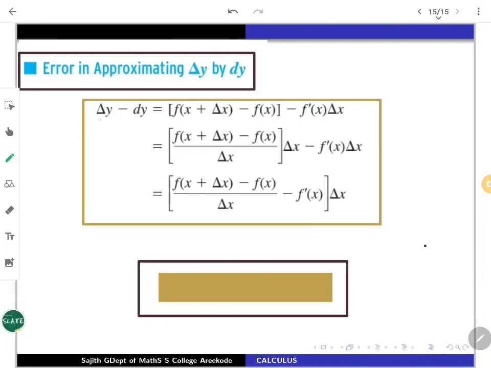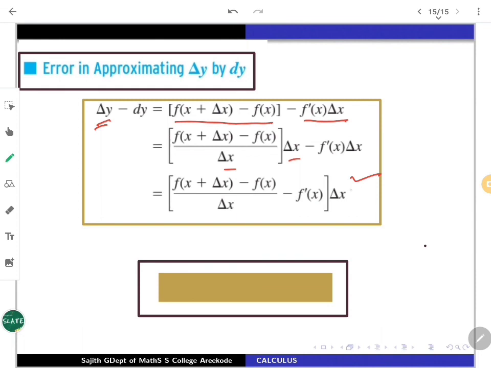So the error in the approximation amounts to this, because delta y is this, and dy is given by f prime x and delta x. Simply manipulating it, f of x plus delta x minus f of x by delta x minus f prime at x, into delta x.